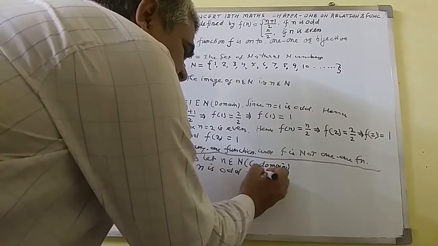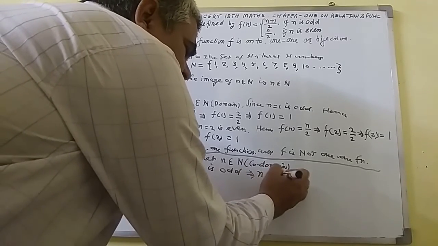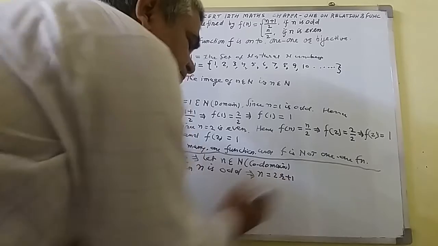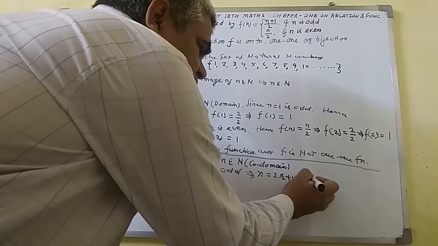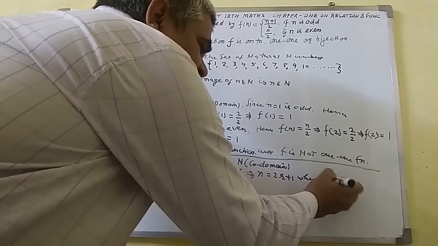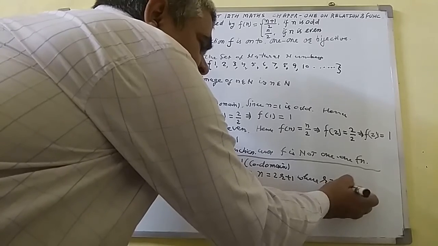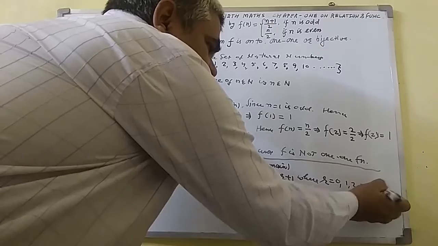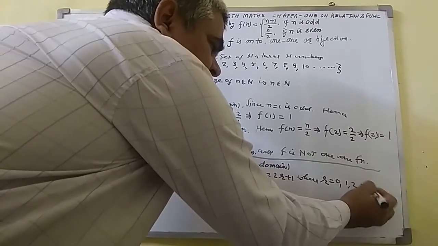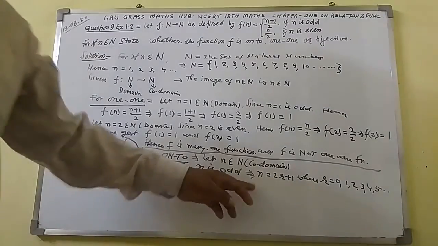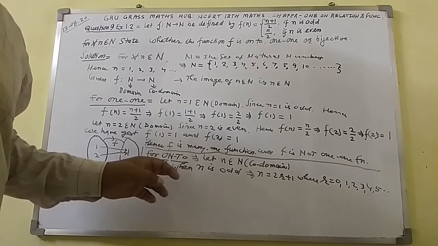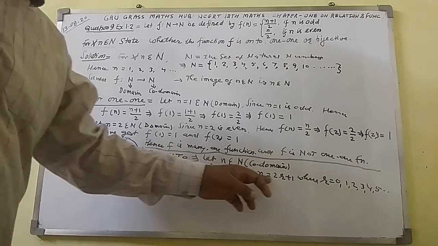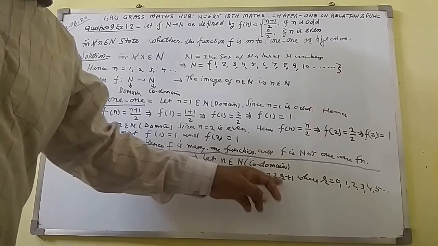Here I shall get the value of n defined as n equal to 2r plus 1, where small r equal to 0, 1, 2, 3, 4, 5 and so on. So here I have let n equal to 2r plus 1.